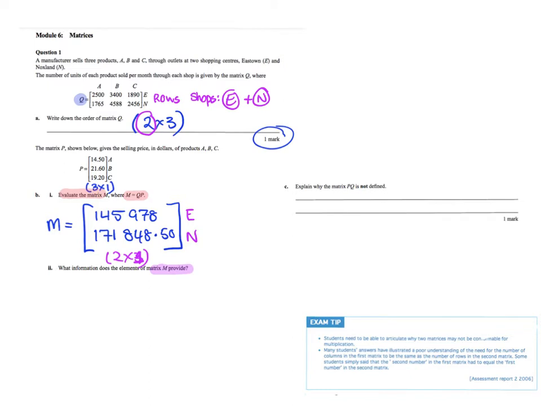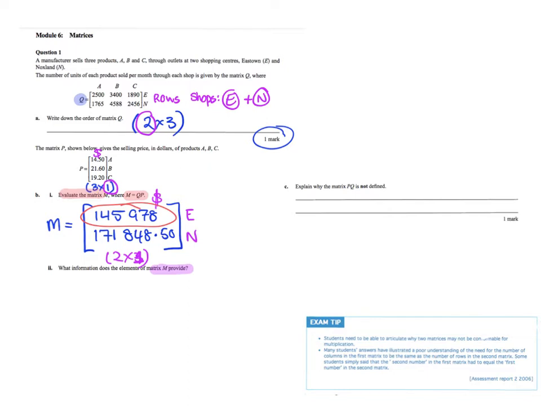Now we took the column of this one, which was the money, how much each product costs. So this column is a money column. So what do you think the elements represent? They're asking, what does this number represent? What is it? Have a guess.